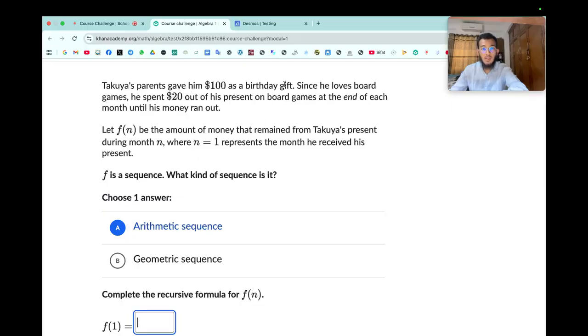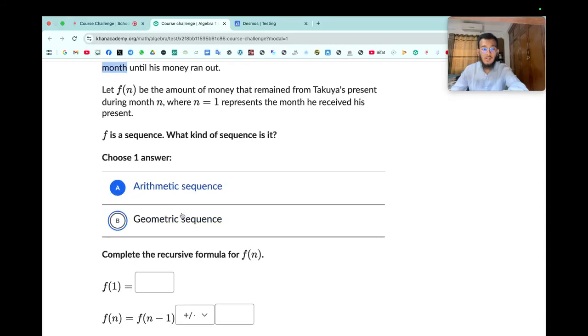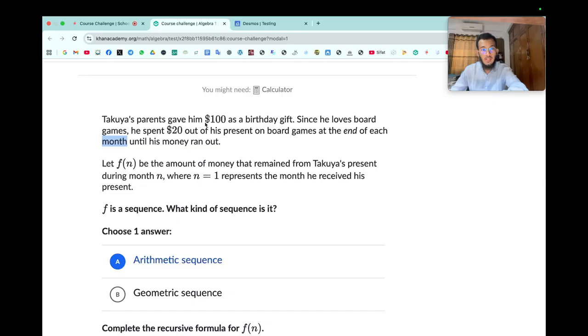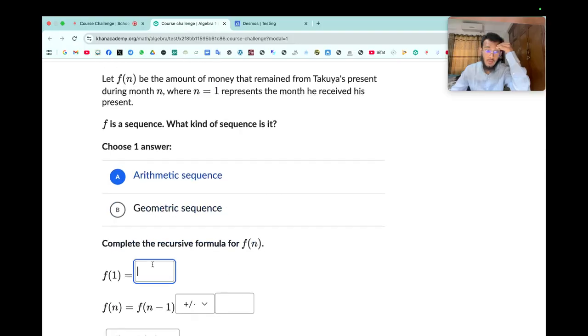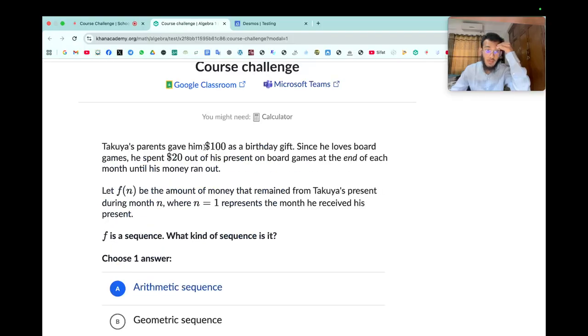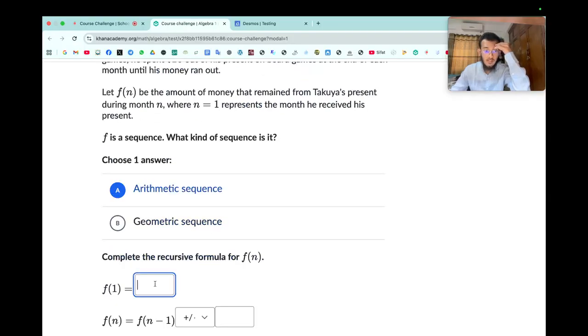So first represents the amount he received his present. He loves board games and spent $20 at the end of each month. Initially when n equals 0 we have 100, but when n equals 1, during month 1, it will be 100 minus 20, which is 80.